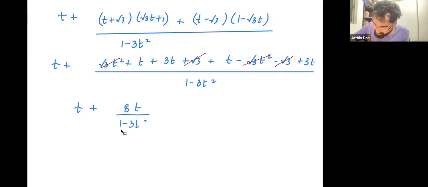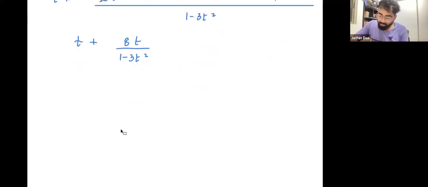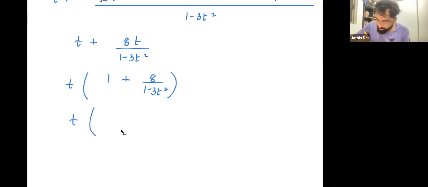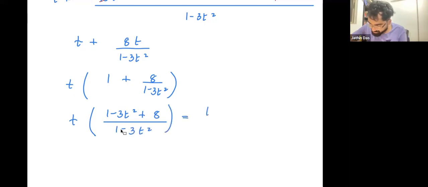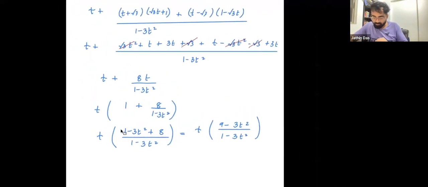1 minus 3t². Okay. Now I'll do one thing. I'll take t common. So t into 1 plus 8 by 1 minus 3t², so when you do it, 1 minus 3t² plus 8 by 1 minus 3t². Okay. T into 9 minus 3t² by 1 minus 3t². है ना?